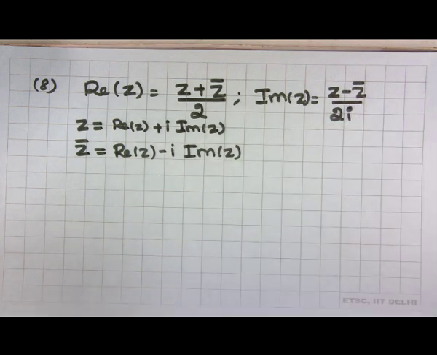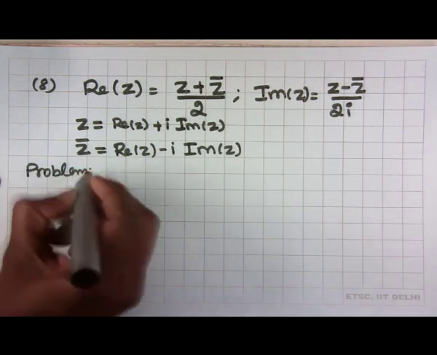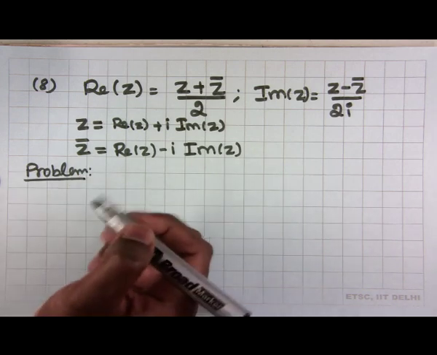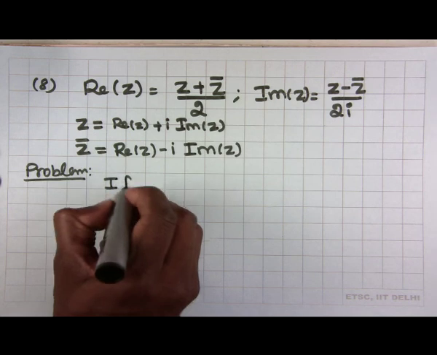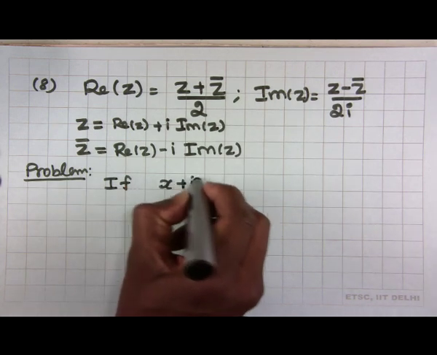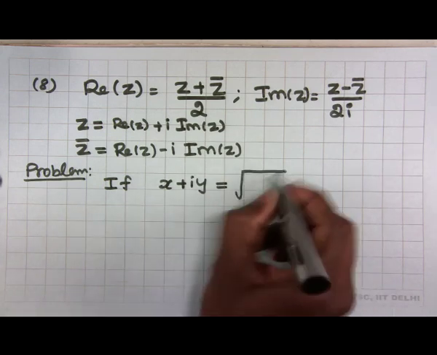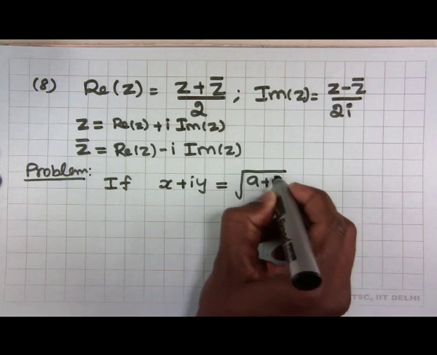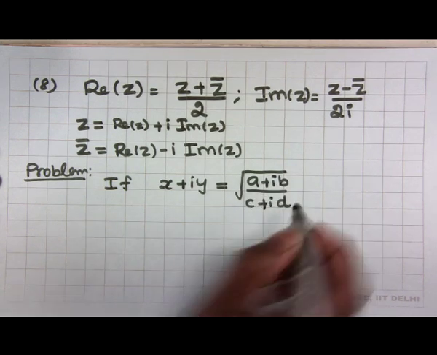Let us do a simple problem. The complex number x plus i y satisfies this equation, that is, it equals the square root of a plus i b divided by c plus i d.